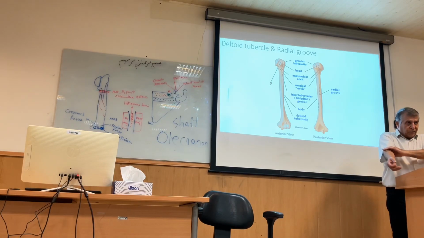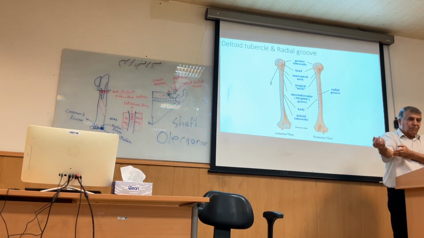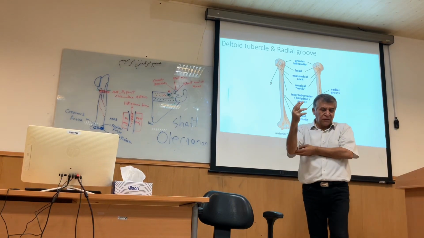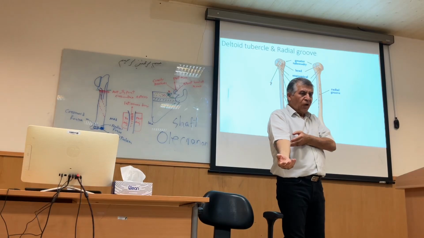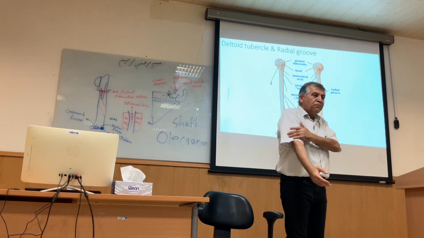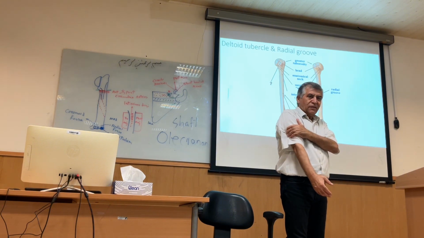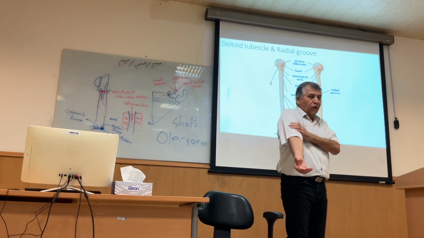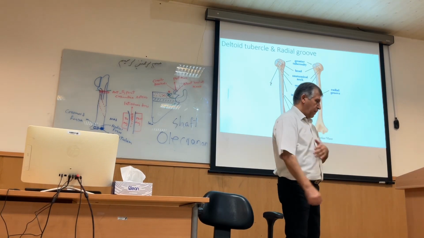In the lower part, medial epicondyle. Okay? We can touch three parts of the humerus: medial epicondyle, lesser and greater tubercle. Other parts are covered by muscles, posteriorly triceps, anteriorly biceps. Okay?